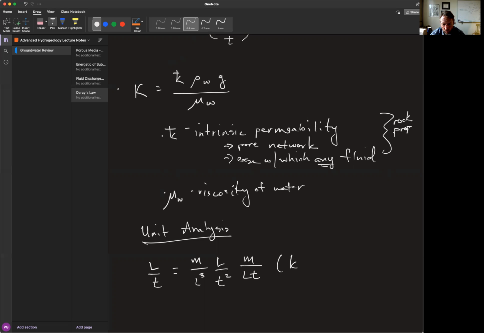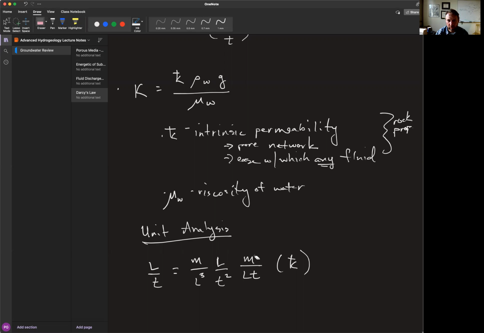So then what units is little k? Okay, I had to pause because I realized that I had made a mistake and I had to figure it out.